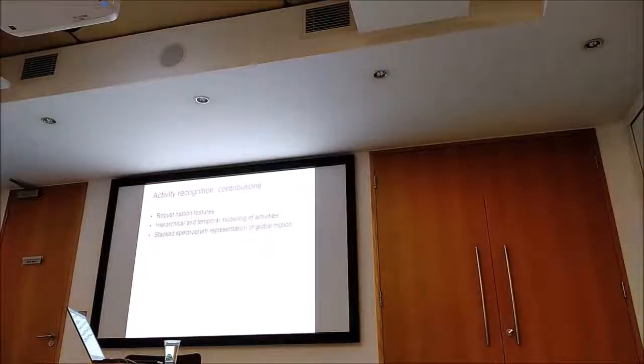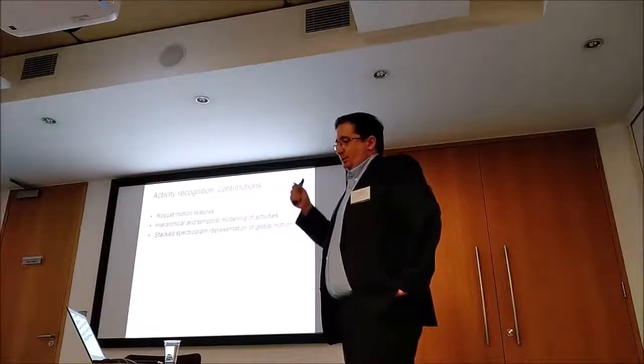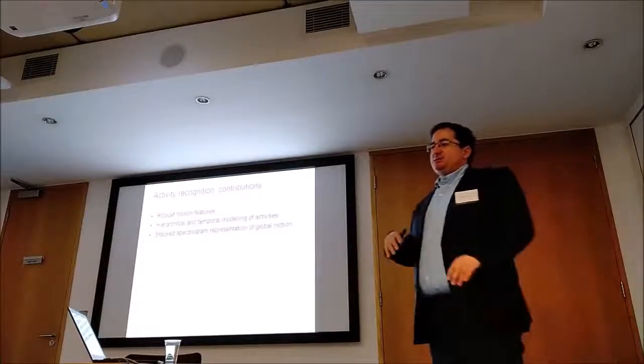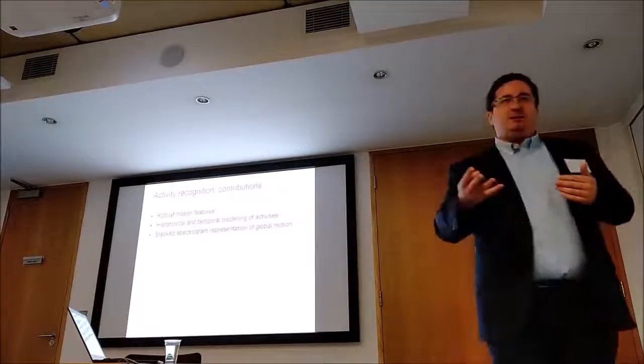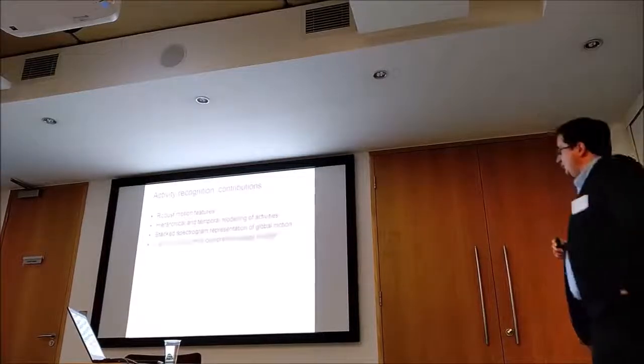And what I will be talking about today is how to exploit 2D CNNs to classify temporal activities without the need to train 3D CNNs, through a cute way of stacking spectrograms of motion features together. I will talk more about that.